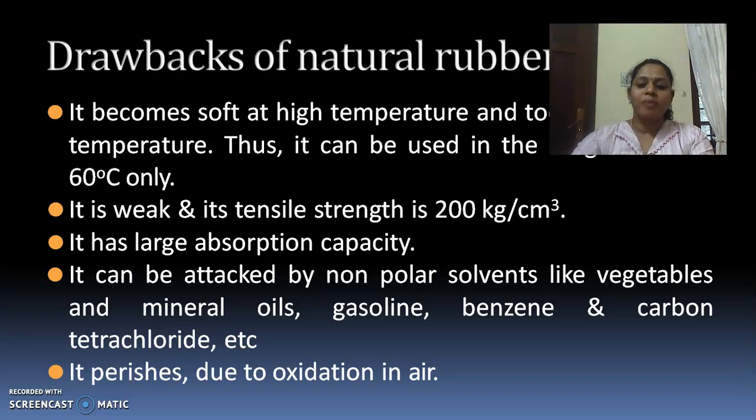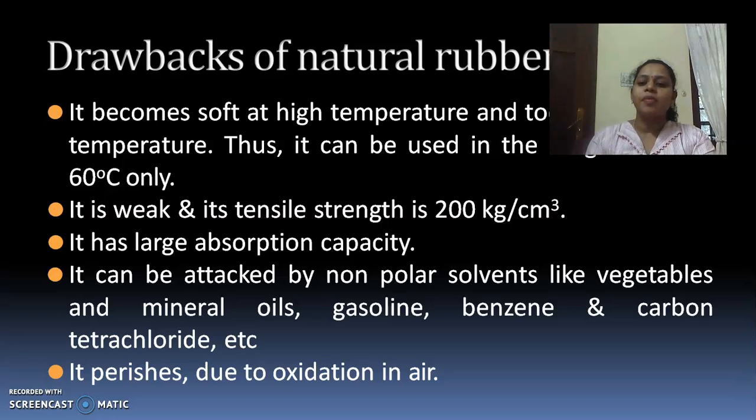Now, what are the drawbacks of natural rubber? When temperature increases, it becomes very soft, and at low temperature it is very brittle. So natural rubber can be used only up to a temperature of 60 degrees centigrade.